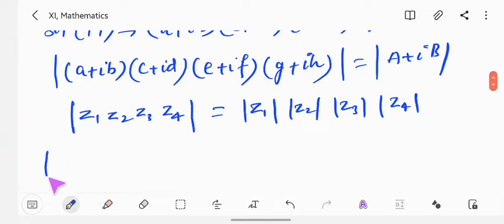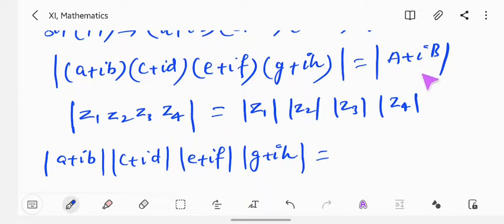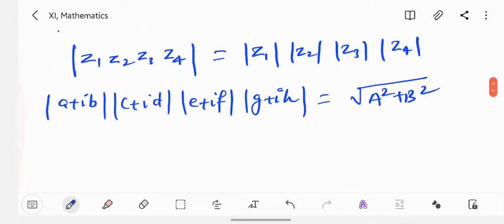So I can write here separately a plus ib, c plus id, e plus if, and g plus ih is equal to the mod of a plus ib, which is nothing but the square root of a square plus b square.